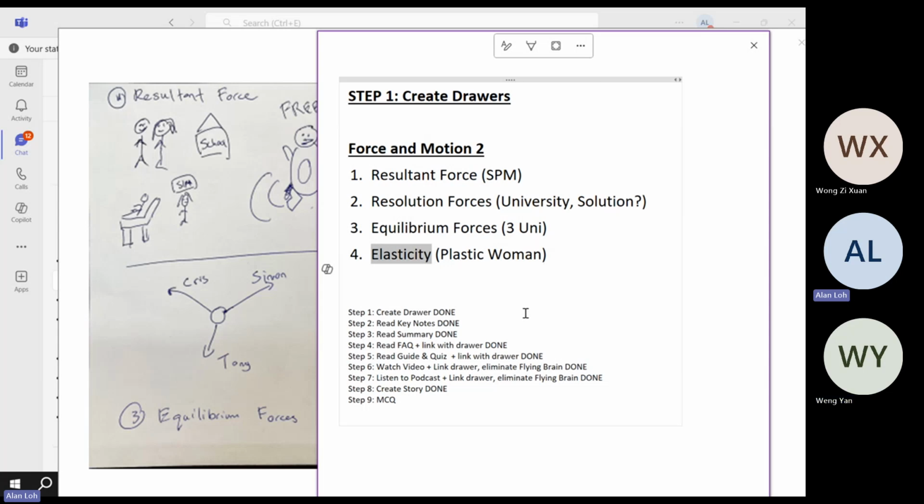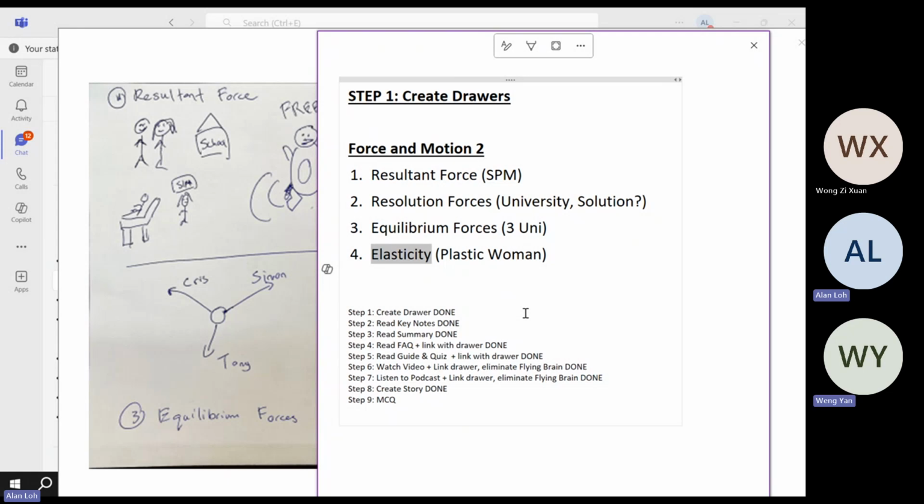Exactly. So the name of the first drawer is resultant force. SPM is equivalent to resultant force. The second drawer is resolution force, because it's solution. Resolution is solutions. Third drawer, what's the name? Equilibrium force. Do you know the meaning of equilibrium?